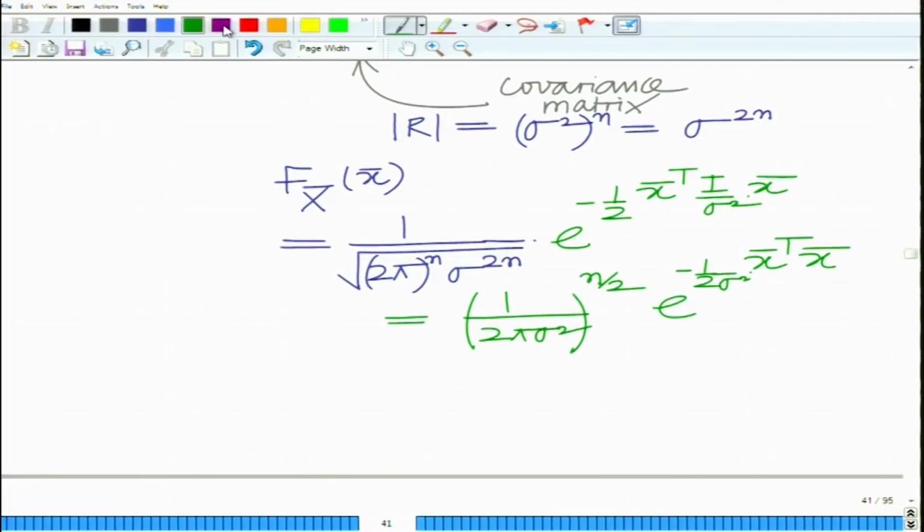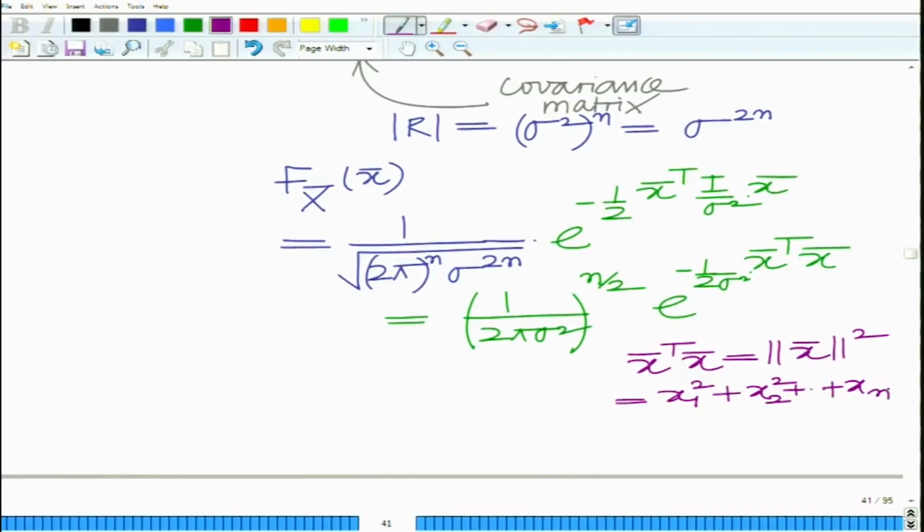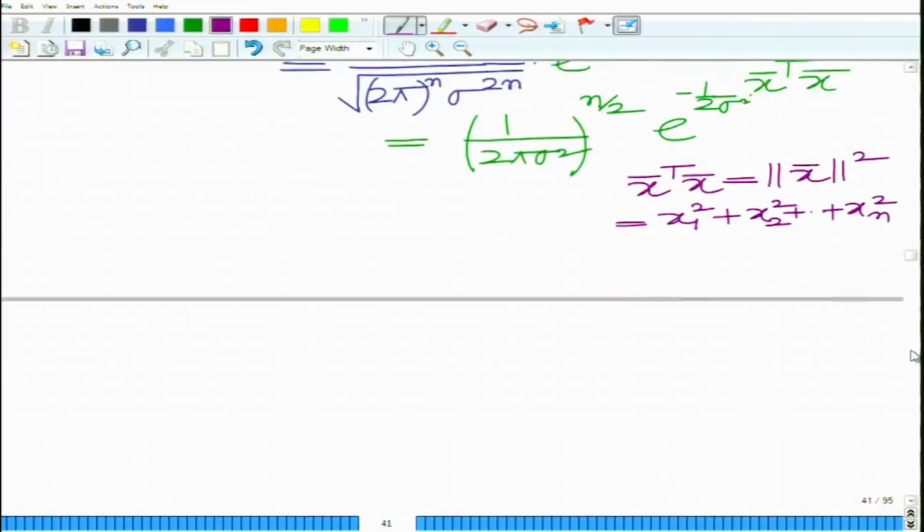But recall that x bar transpose x bar equals the norm of x bar square, which is also equal to x1 square plus x2 square plus so on up to xn square for a real vector x bar.